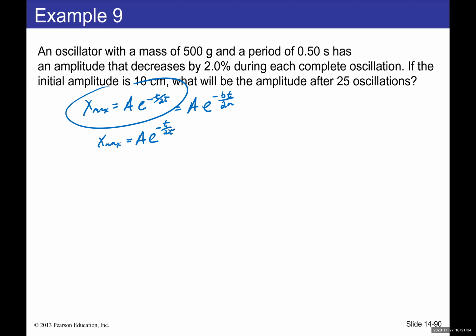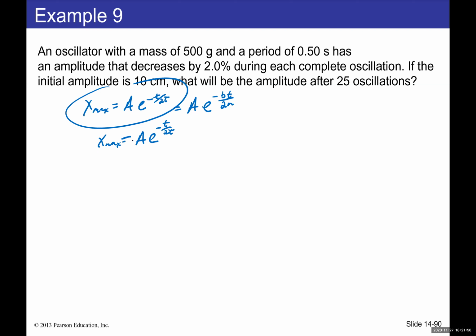And in order for me to get that information about the time and the tau, I need to take a ln of both sides. So maybe let's do this first.